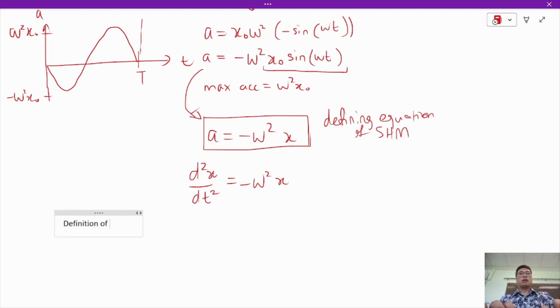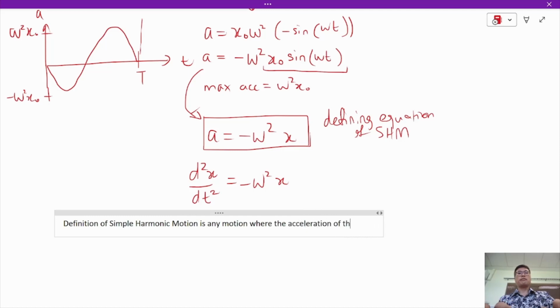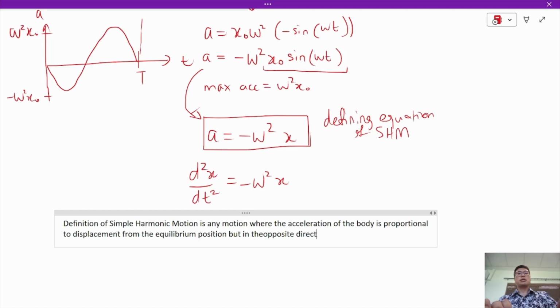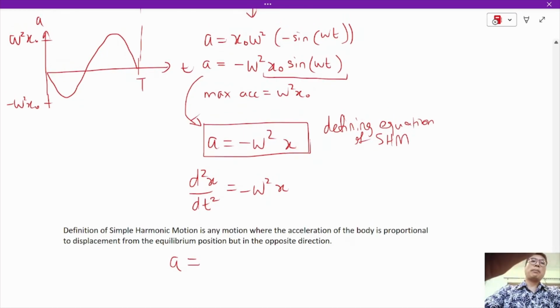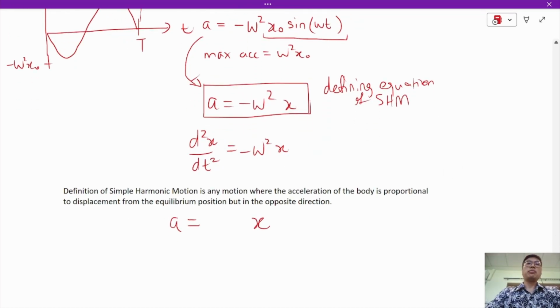The definition of simple harmonic motion is any motion where the acceleration of the body is proportional to the displacement from the equilibrium position, but in the opposite direction. And it is exactly this formula that is the definition of simple harmonic motion, where the acceleration of the body is proportional to the displacement from the equilibrium position, but in the opposite direction.